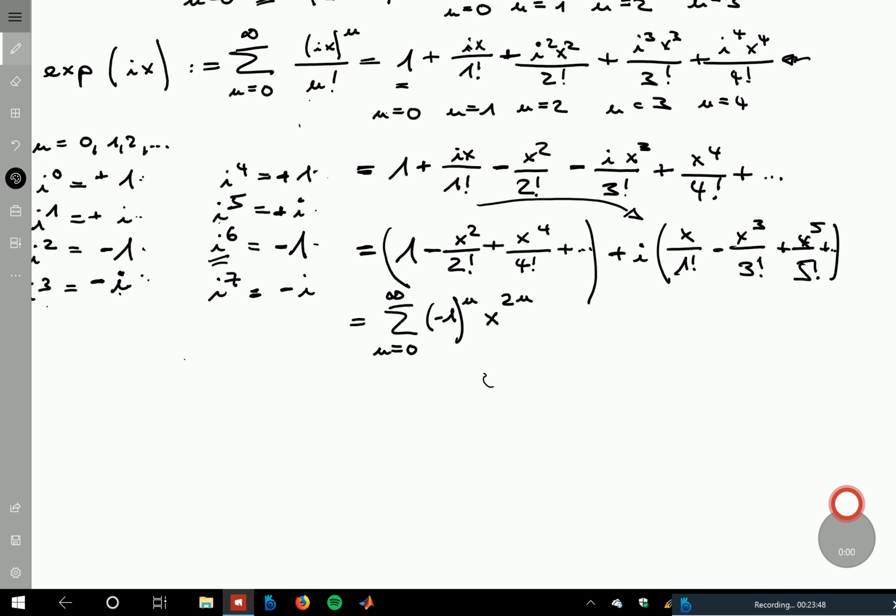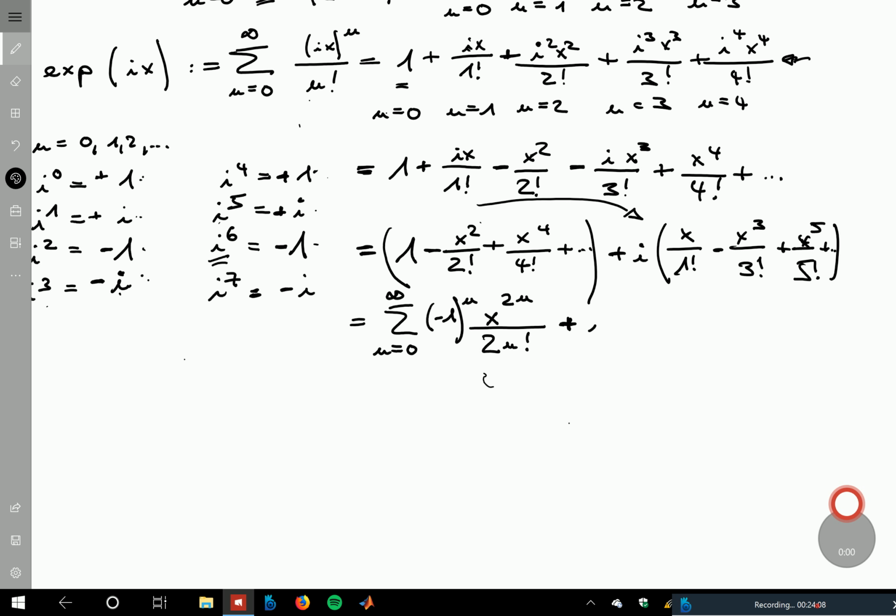The n needs to be in the exponent, and we have 2n, so always read these 2n just as even numbers, then it's easier, because you immediately see it: 2, 4, these are all even numbers.